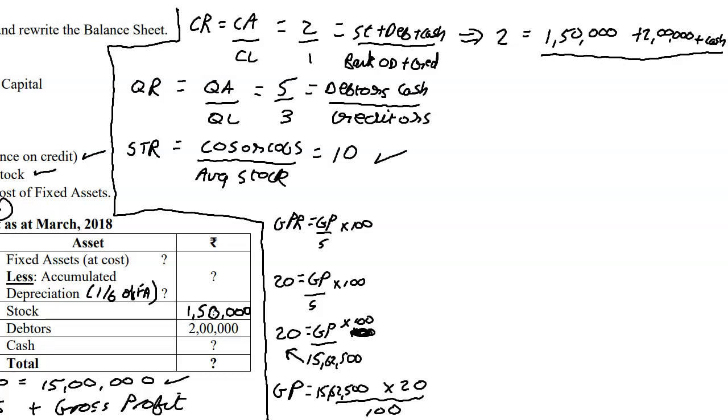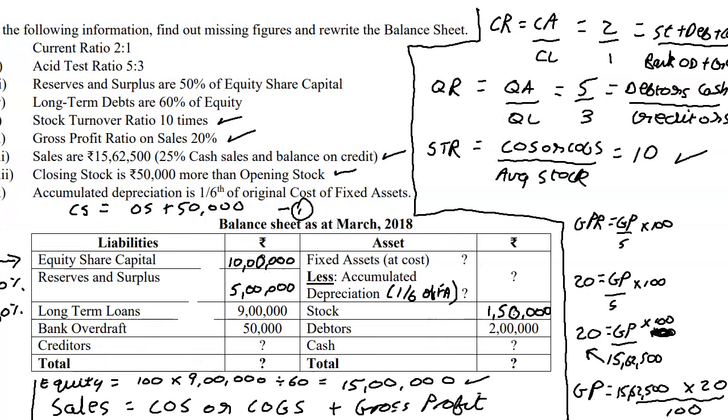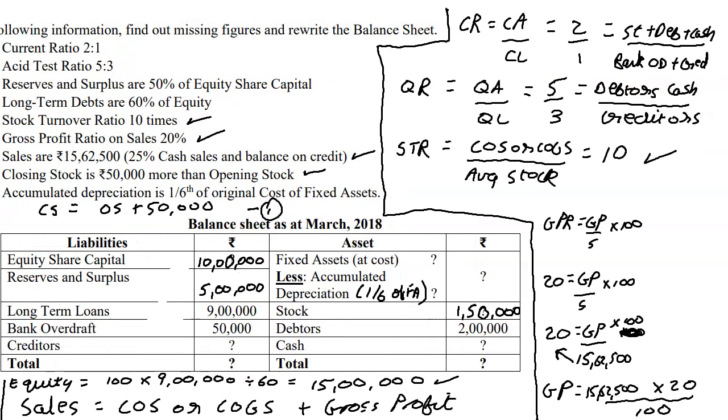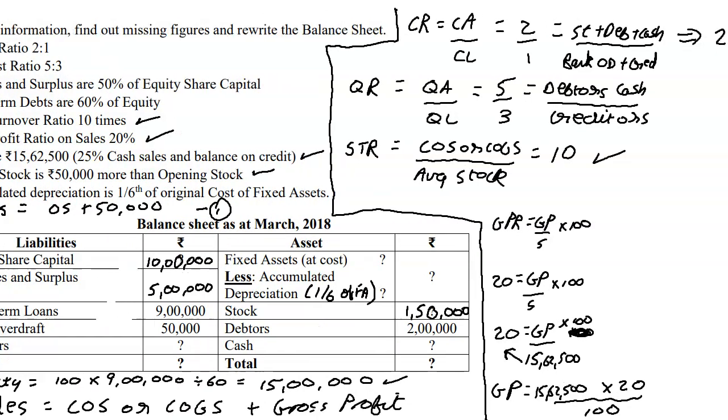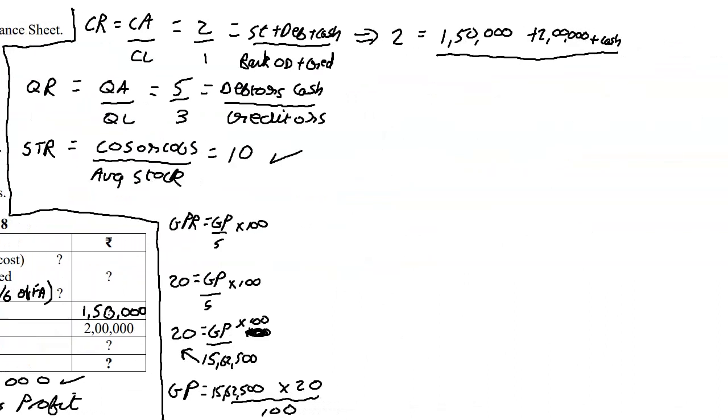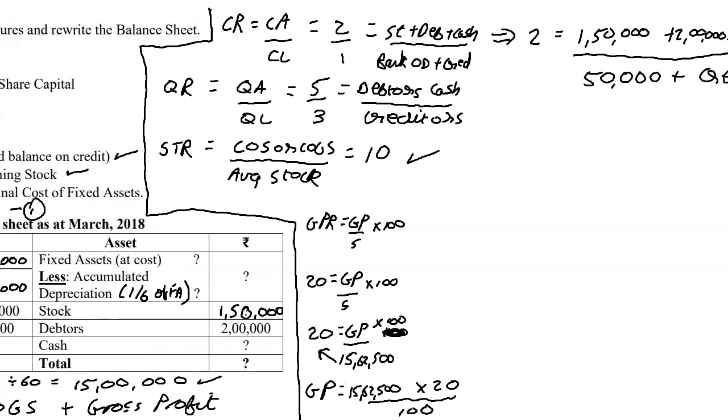And in current liabilities, we have bank overdraft 50,000 and creditors are not known. So we have one equation where 2 is equal to this.